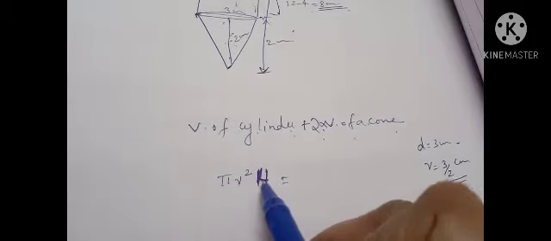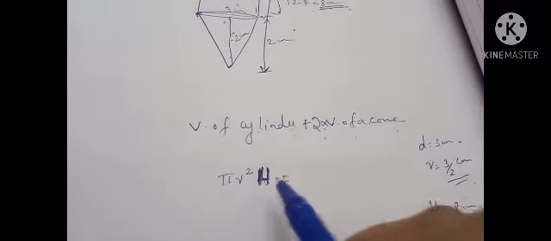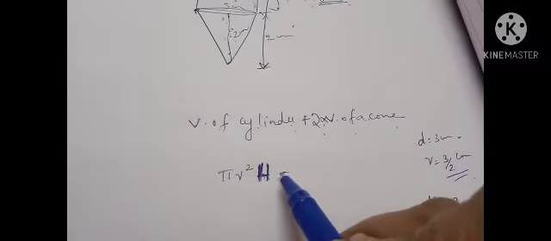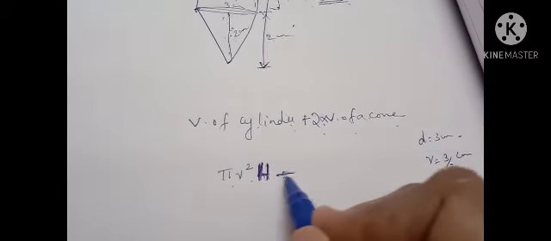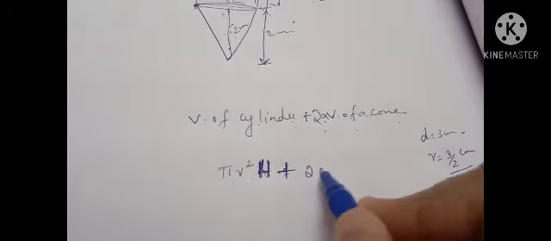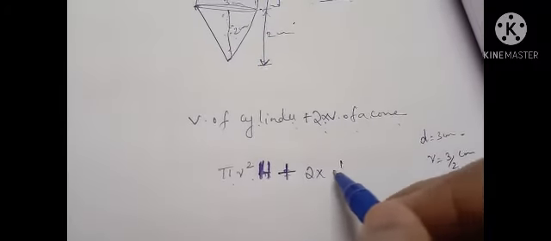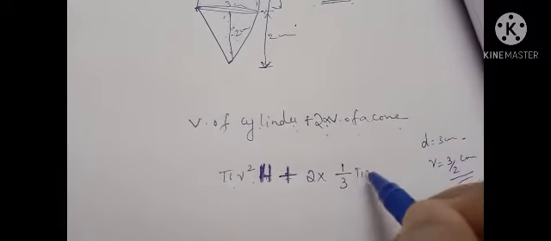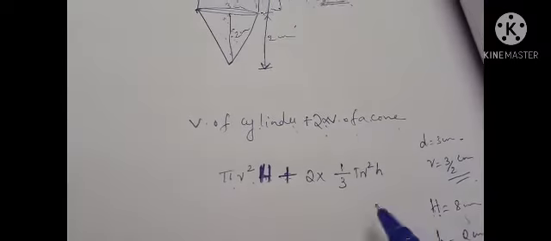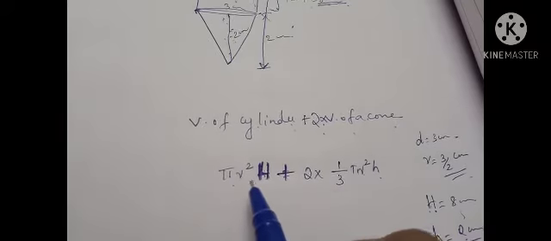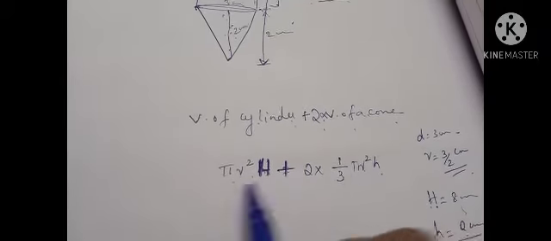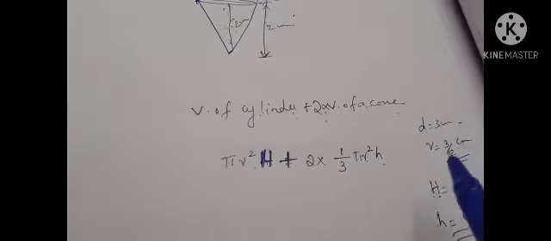Use different variables, that is easy for comparing, right? So pi r square H plus 2 into volume of a cone, which is 1 by 3 pi r square h. Here we can use small h. Here small r, here also small r, because the radius is common for both cylinder and cone.